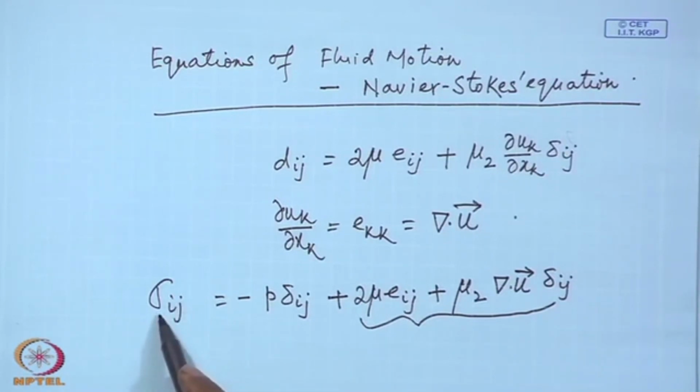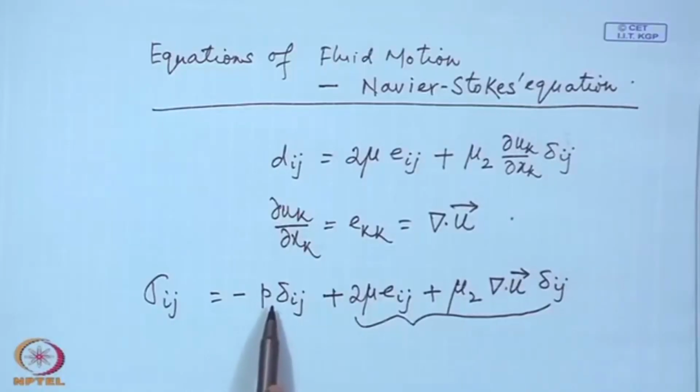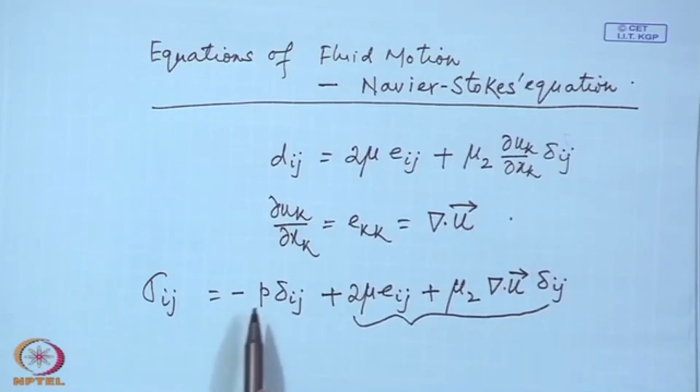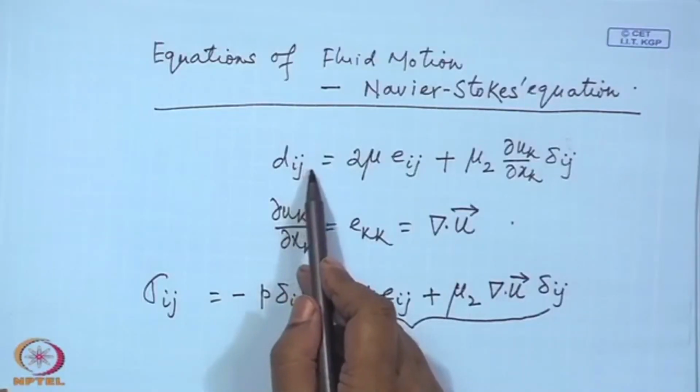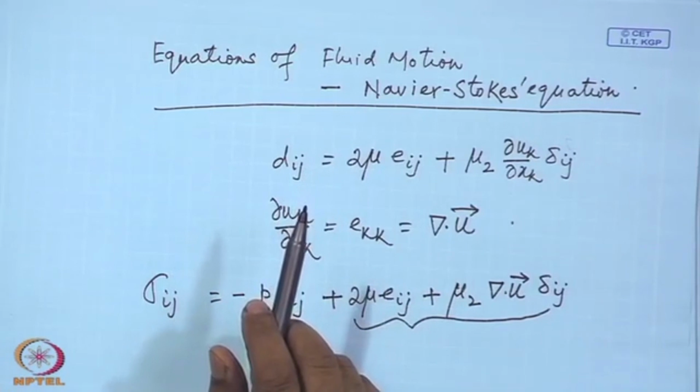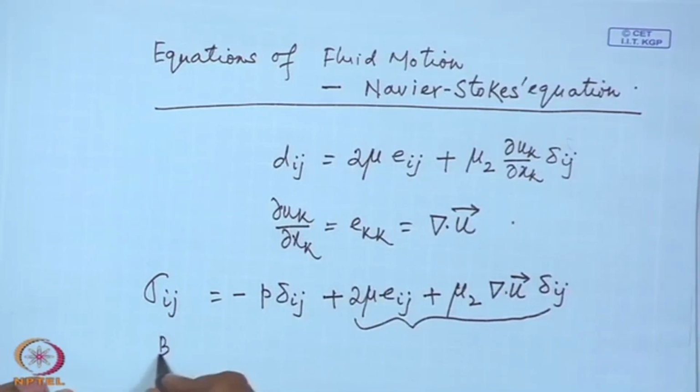So what remains in sigma_11, sigma_22 and sigma_33 is contained in this part D_ij. Since the average of the sum is minus p, the remaining sigma_11 minus p, sigma_22 minus p, sigma_33 minus p sum to 0. That means the sum of the diagonal elements of D_ij is 0. So, by definition, D_ii is 0.